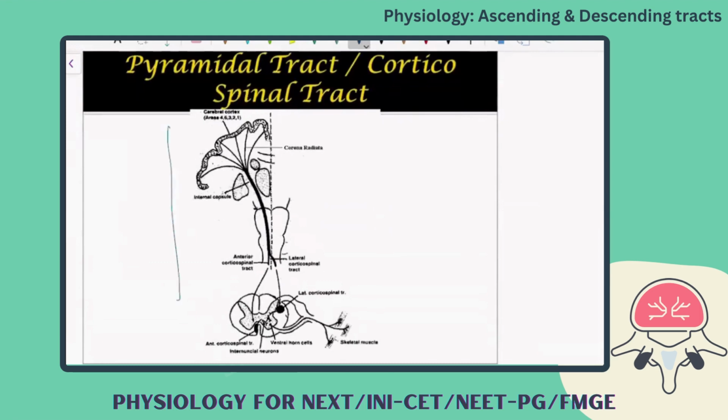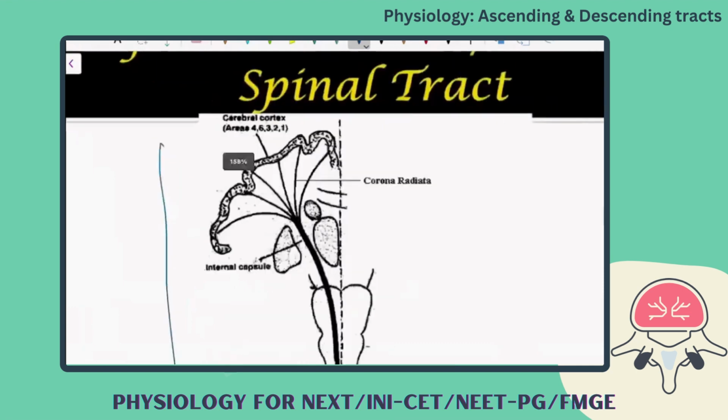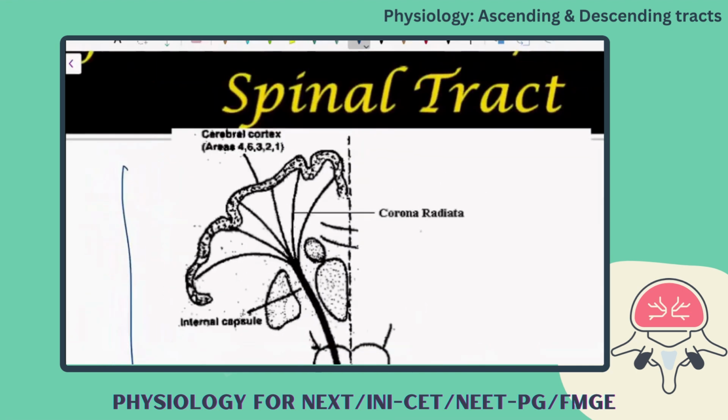It is the tract which is traveling from the higher center to the spinal cord. Okay, and just know why it is called the pyramidal tract: this is carrying the motor response. Sensory tracts will carry the sensation from the periphery to the higher center. This descending tract is now going to give the response, the motor response, which is analyzed by the higher center, to the periphery.